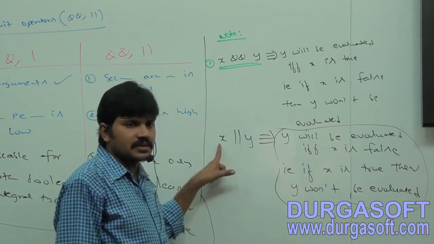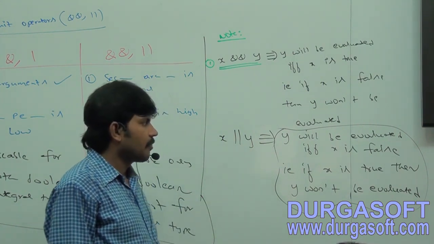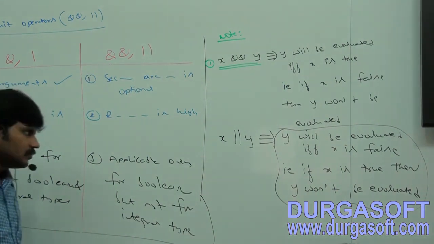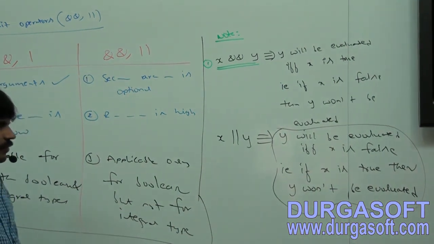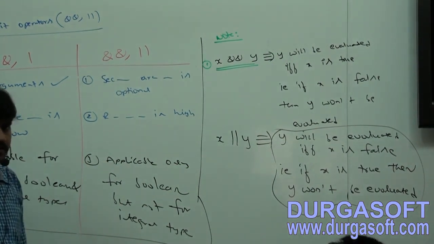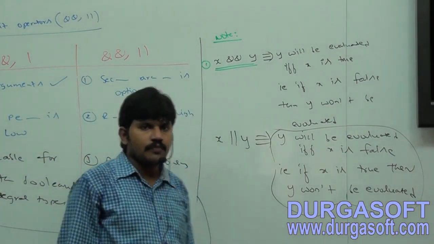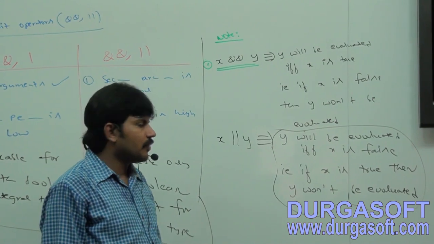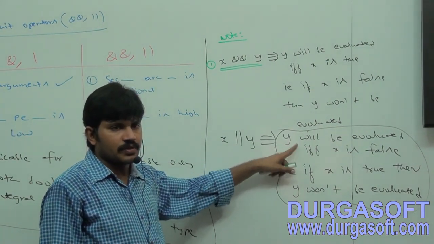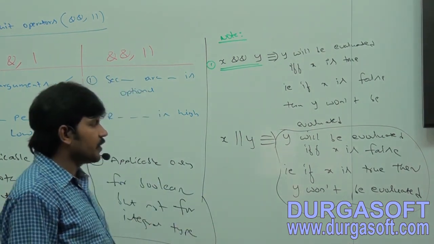Next, X double or Y. Y will be evaluated if and only if X is false.